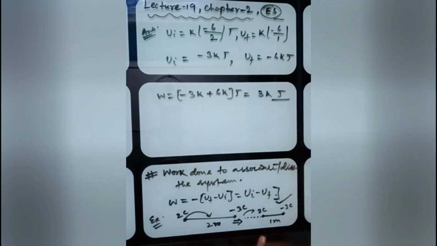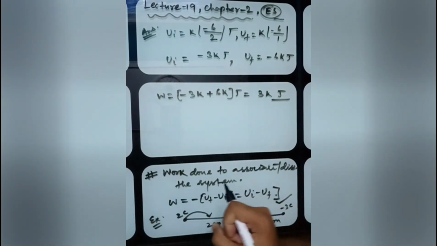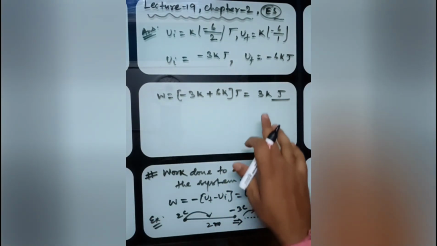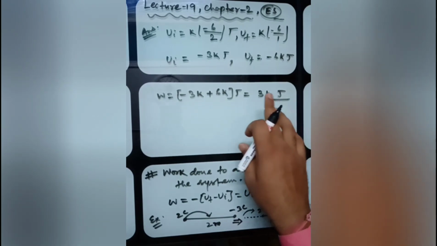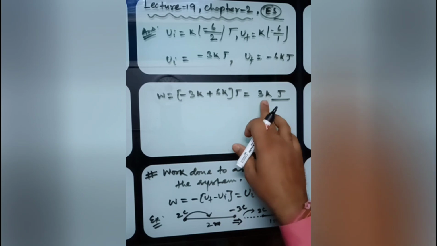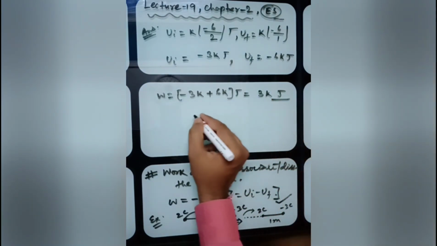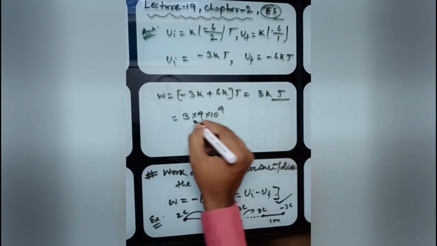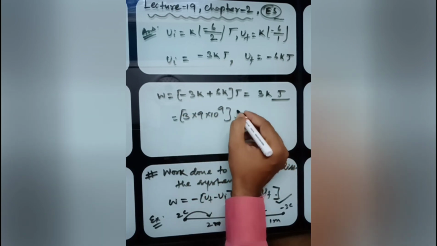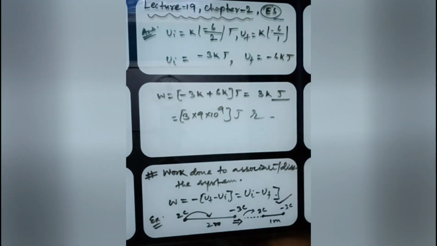Of course, in the system this charge is pulled, there is positive charge which shows the positive 3K joule. In exam, if the questions come in this way, you will put the numerical value 9 times 10 to the power 9, and you can calculate the joule.